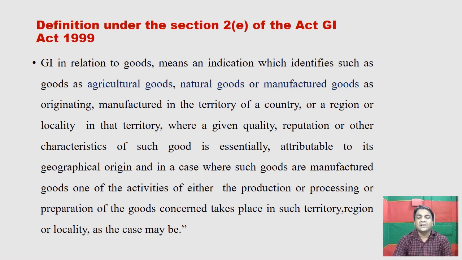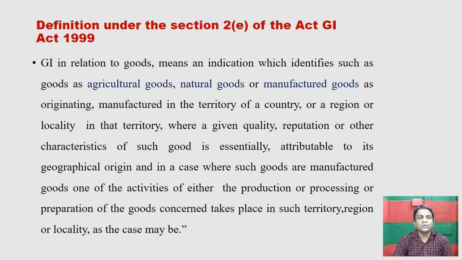And in case where such goods are manufactured goods, one of the activities of either the production or processing or preparation of the goods takes place in such territory, region, or locality, as the case may be.